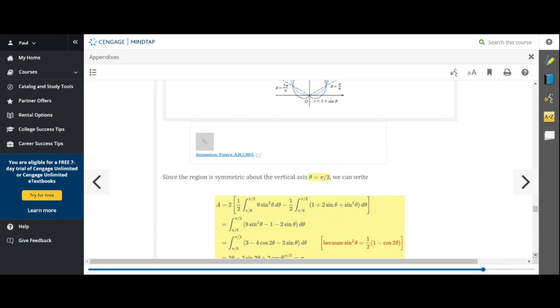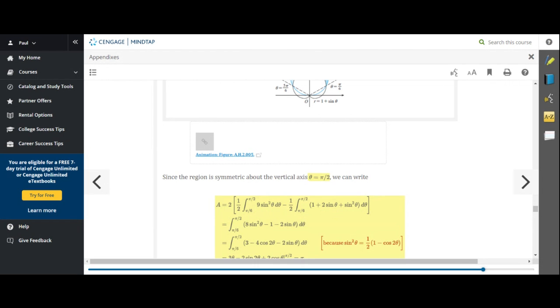because you remember the last problem we did, the problem that we did on Tuesday, we used symmetry and were able to make the integral easier to do, and that's what they're doing here. Now you don't have to use symmetry.